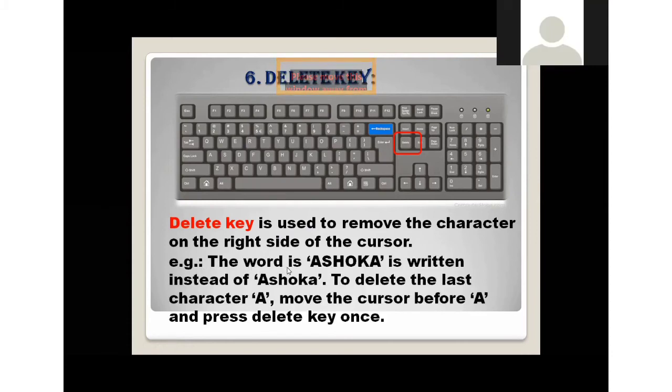Example, the word Ashoka is written instead of Ashoka with a small letter. To delete the last character A, move the cursor before A and press the delete key once.